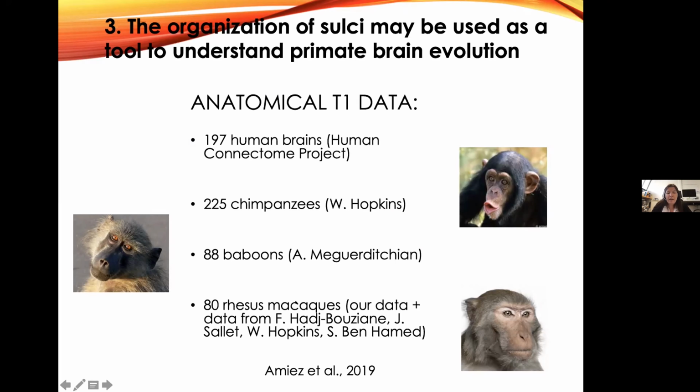Now there is this PRIME-DE sharing database, but at that time there was not. So it was difficult, but we were able to get 80 rhesus macaques for this analysis.